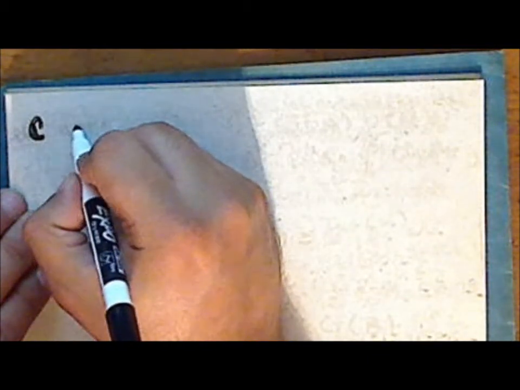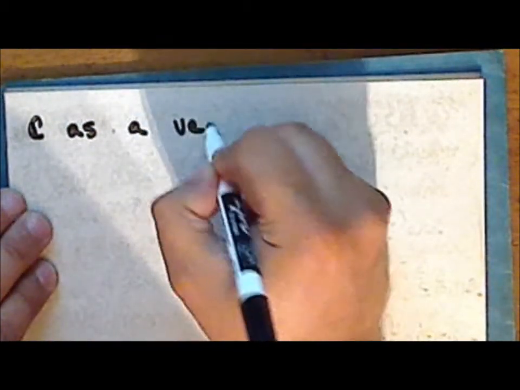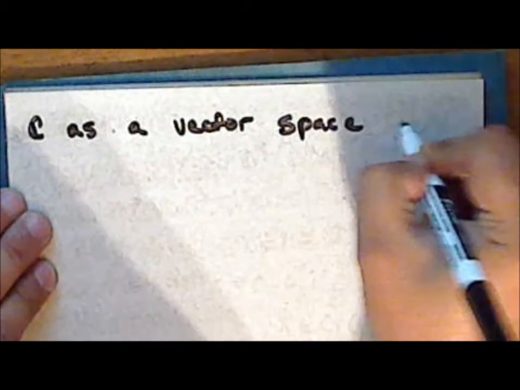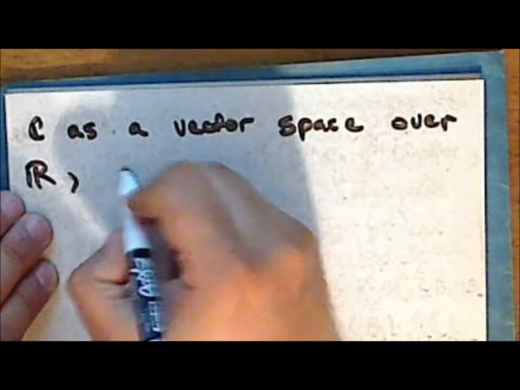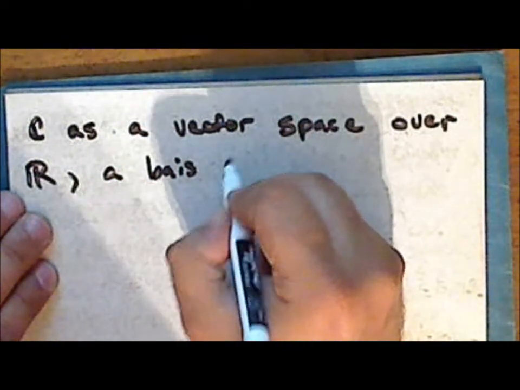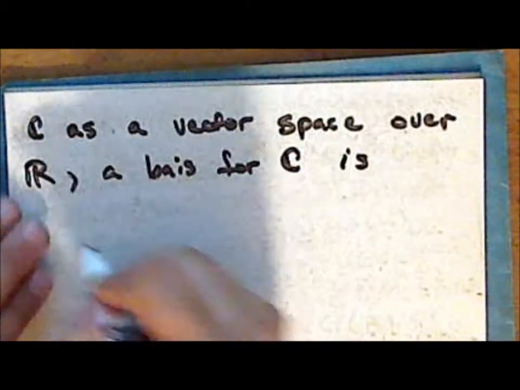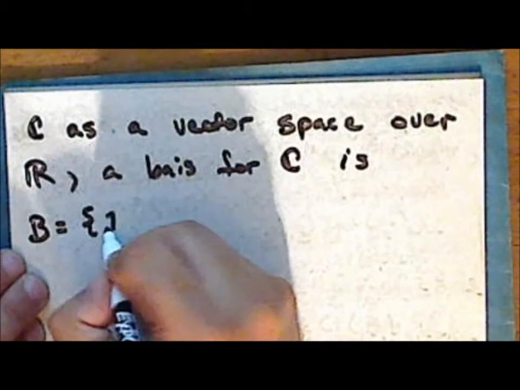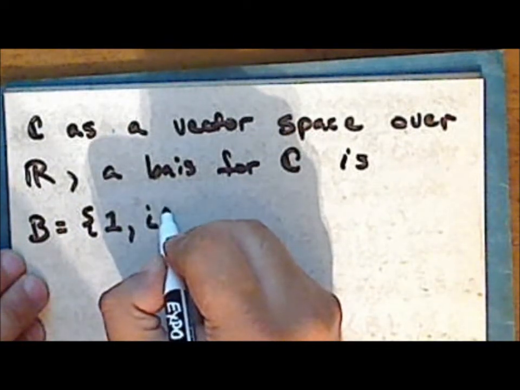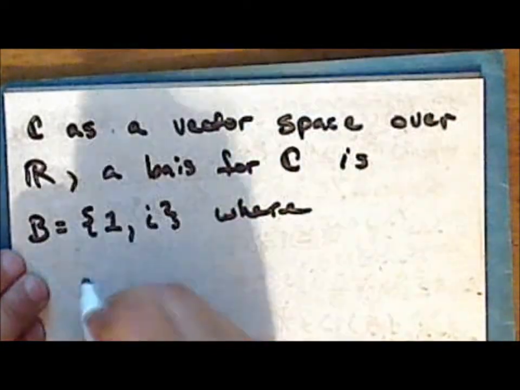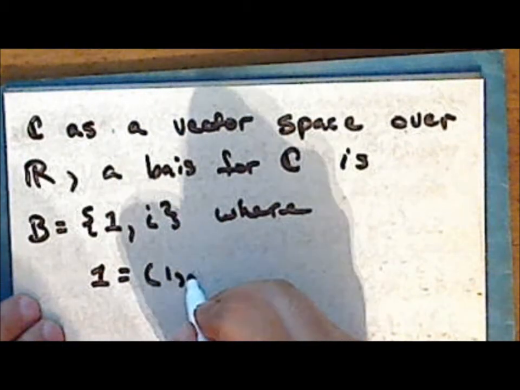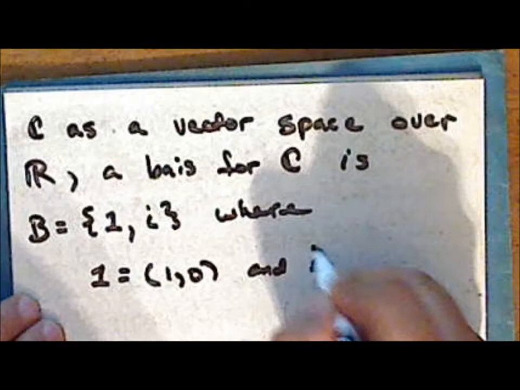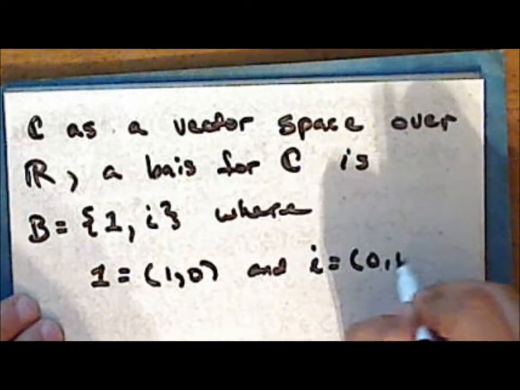So considering the set of complex numbers as a vector space over the real numbers, that is, all the scalars are real, a basis for the set of complex numbers is the set B, consisting of the purely real number 1 and the purely imaginary number i, where the number 1 is a vector, the ordered pair 1, 0, and the number i is a vector, the ordered pair 0, 1.